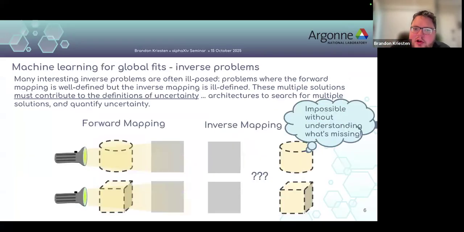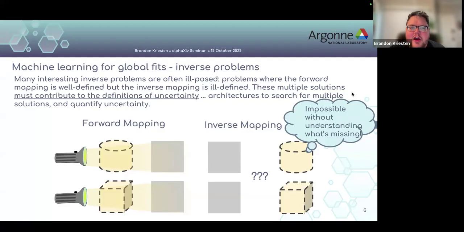So I like to think about global fits as sort of an inverse problem, and many interesting inverse problems are often ill-posed. What I mean by this is these are problems where the forward mapping is well defined, but the inverse mapping is ill-defined. And the beauty of these inverse problems is that there are typically multiple solutions to them.